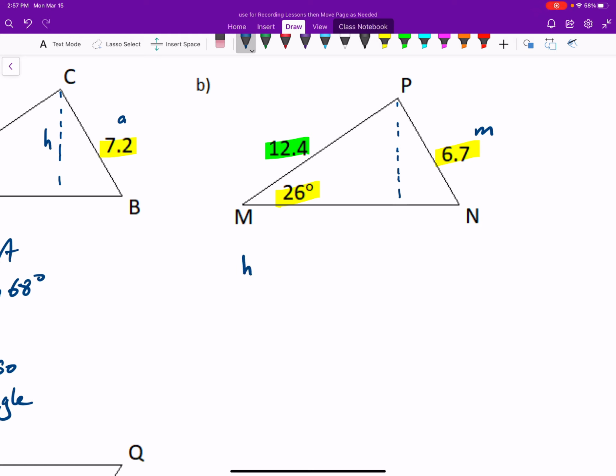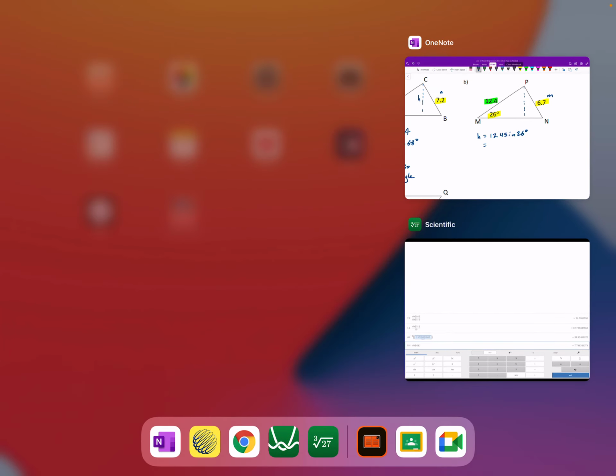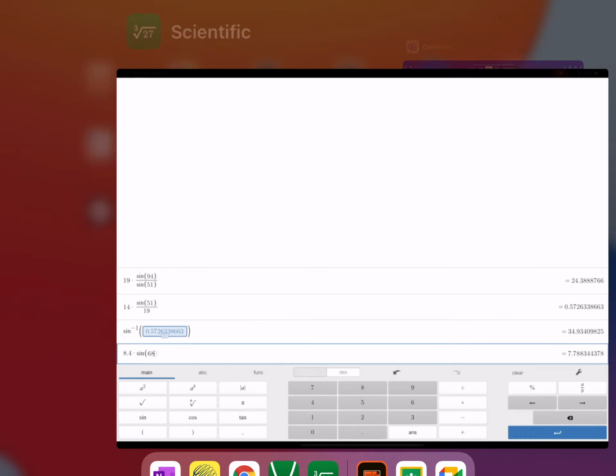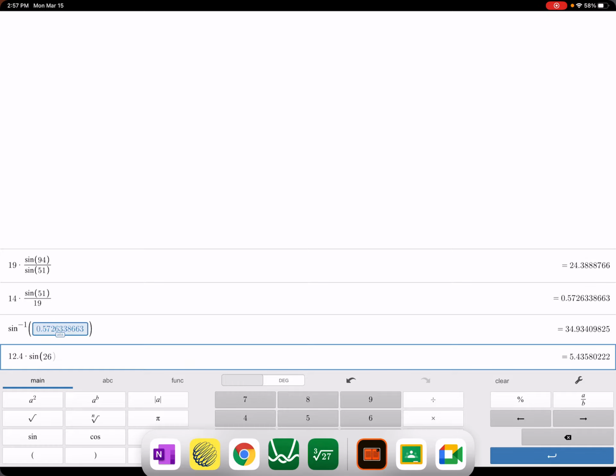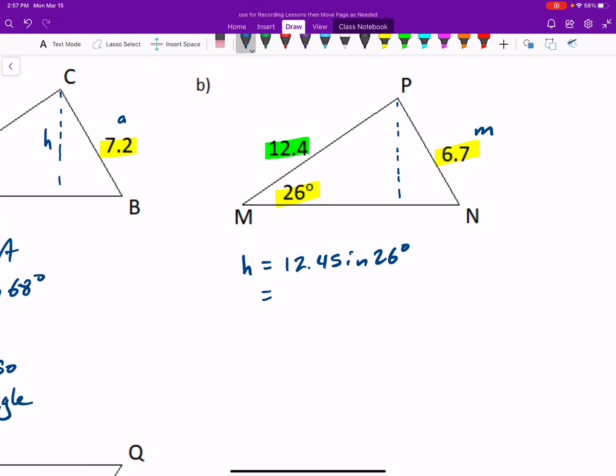So the height, I won't even worry about what letters I call it. It's going to be the other side, the 12.4, times the sine of the only angle I have, which is 26 degrees. So 12.4 and 26. And that's 5.44. So that's the height again.